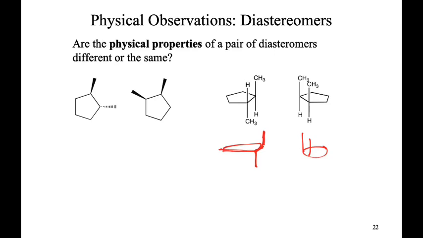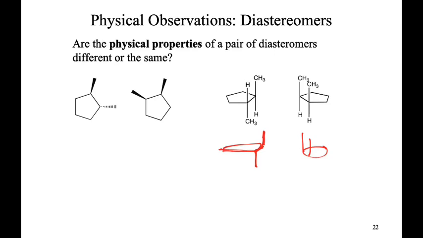Those properties will be drastically different. So I would be able to distinguish two samples that are diastereomers of each other by looking at their melting points or boiling points. I would be able to tell they were different because their melting points and boiling points would literally be different.